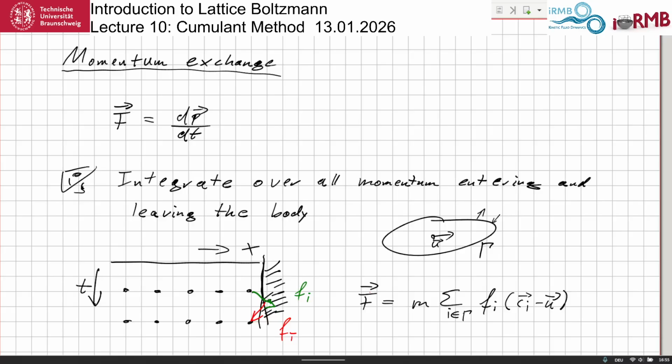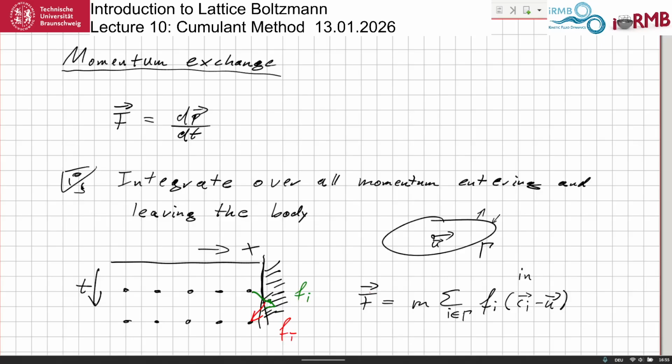I mean, if everything is moving with the same velocity, then there's no change in momentum, right? So now this is basically what is going into the body. I should potentially have written this in green, but I don't want to change it now.